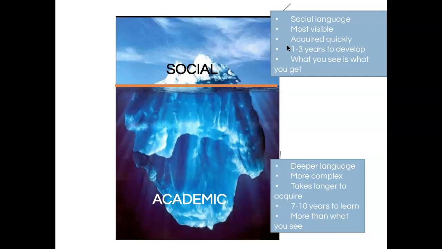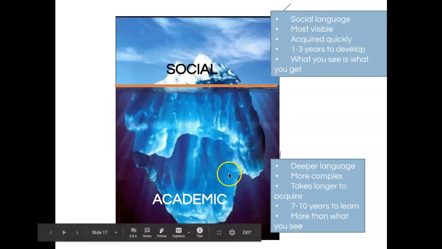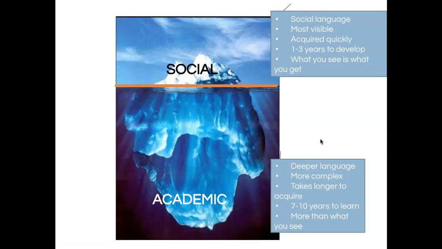That is the tip of the iceberg. But underneath an iceberg is all of this other stuff. You don't see it at first, but this is why you're in this class. It's the deeper language, it's more complex, it takes longer to acquire. It takes 7 to 10 years to learn, and it's more than what you see at first.